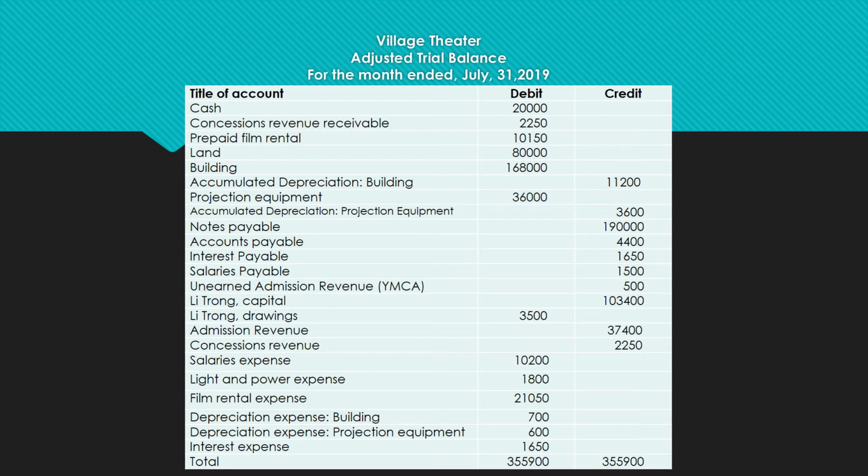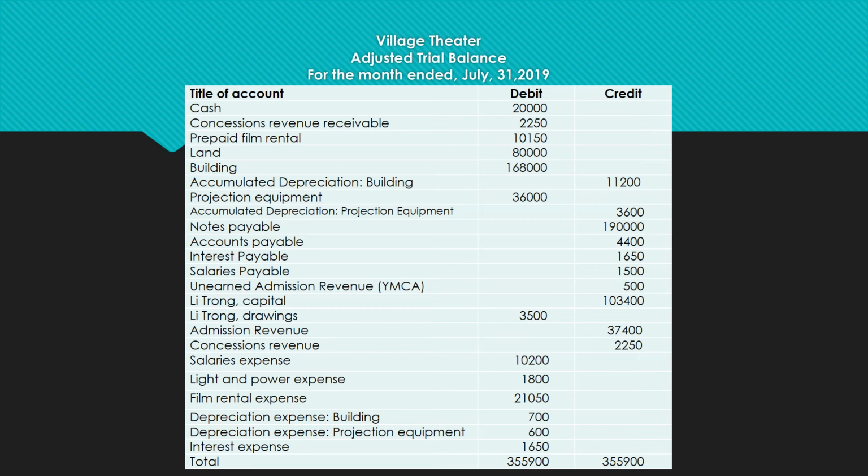Then projection equipment value is the same, we have taken from the already given trial balance, 36,000. Now accumulated depreciation before adjustments was 3,000, and now 600 for the month of July. Now the balance in accumulated depreciation, projection equipment, on the credit side will be 3,600. So that's all about assets in the adjusted trial balance.